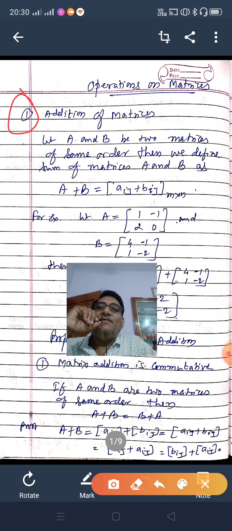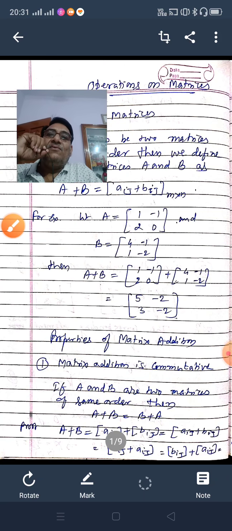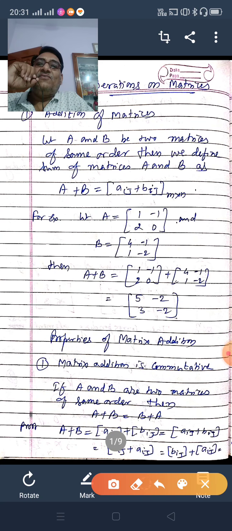Then we define the sum of matrices A and B as A plus B, that is, Aij plus Bij, of order M cross N. For example, let A be [1 -1; 0 2], which is 2 cross 2, and B be [4 -1; 2 -1].